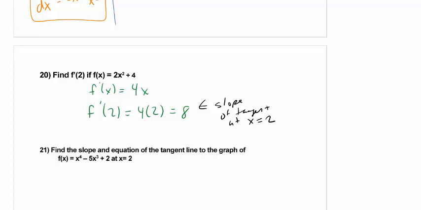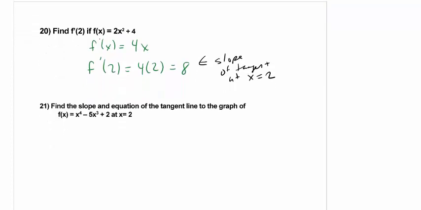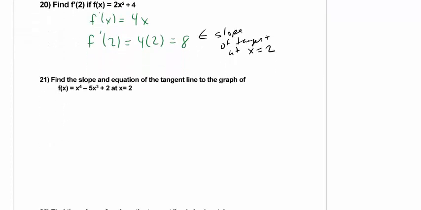So that leads us to the next piece, where it says find the slope and equation of the tangent line to the graph. We did this test 2, hopefully. Slope just means find the derivative and evaluate it at that specific spot.